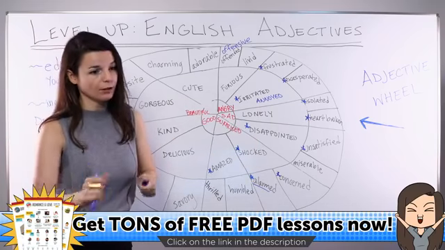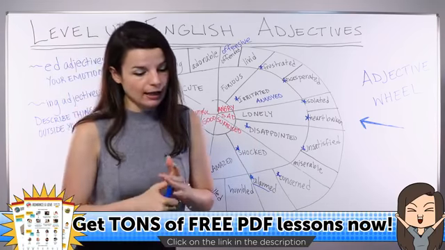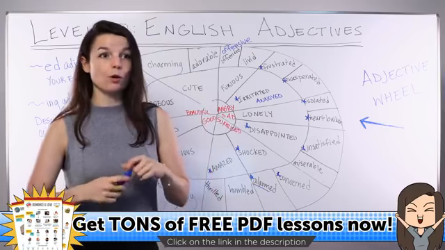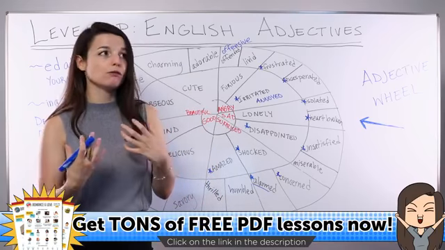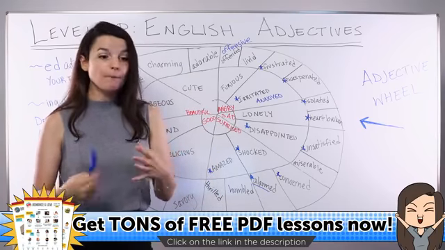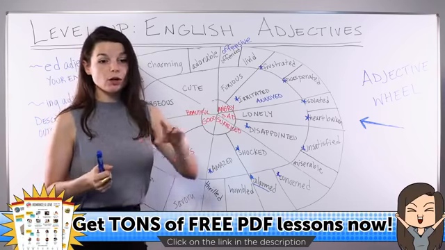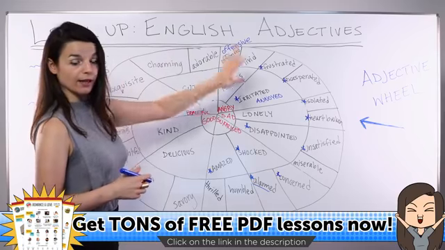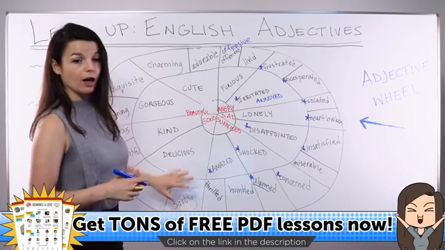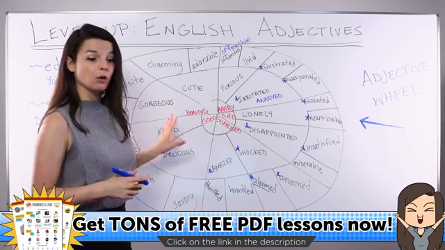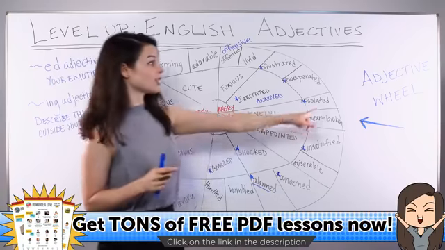Okay, so that is a quick introduction, I hope, to a few new adjectives maybe. But if you are trying to level up your adjectives, you could try to make something like this for yourself. Also, if you want to see more examples, just Google adjective wheel.